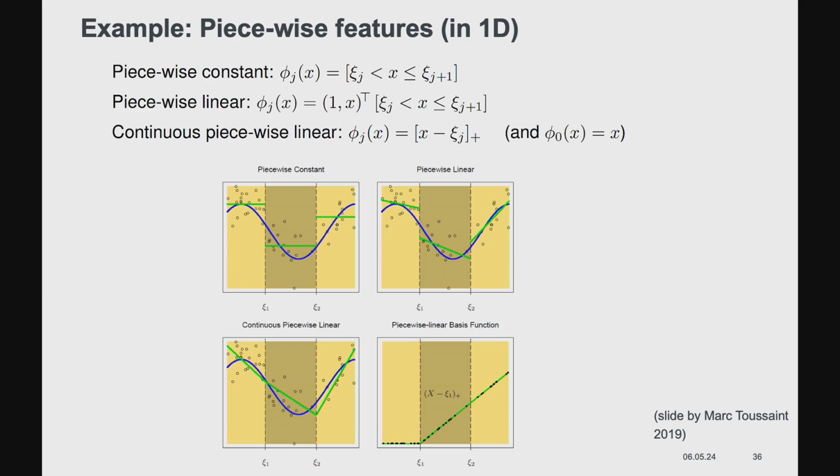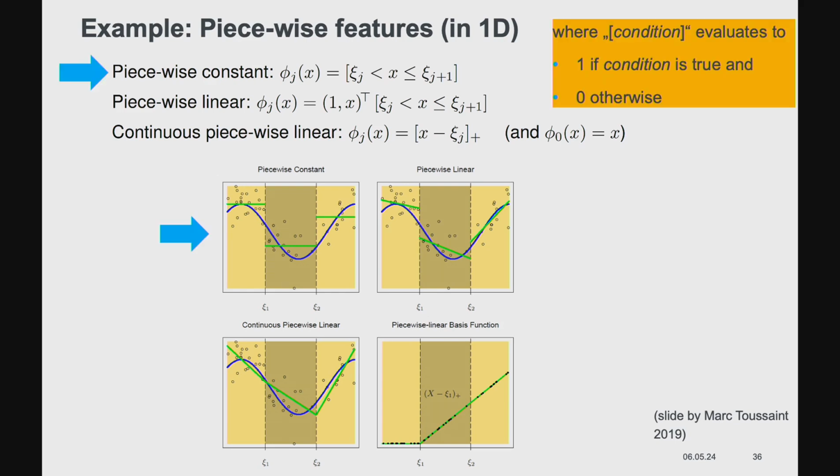basically components, and these components, when I put in, let's say my x would be here, I put phi j of x here, then this expresses a condition, and this condition returns a 1 if the condition is true.